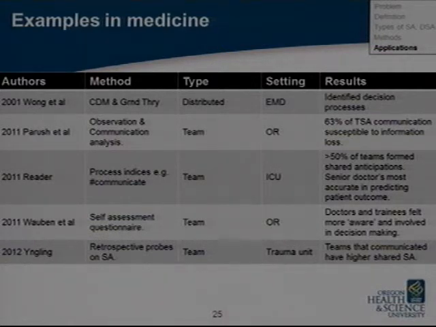Most of the examples I've seen explicitly issued surveys or questionnaires retrospectively to see their assessment of the situation, or they've looked at the processes, such as how often they participated in team huddles.